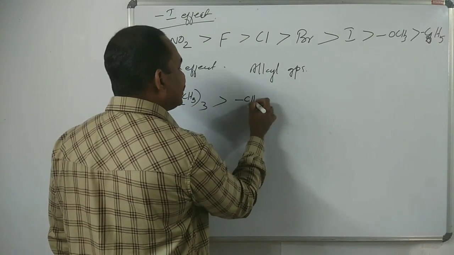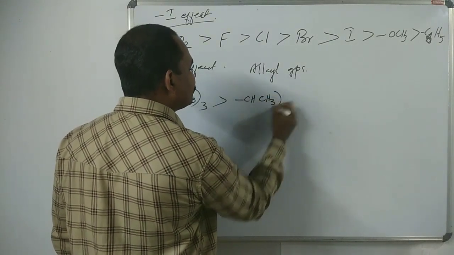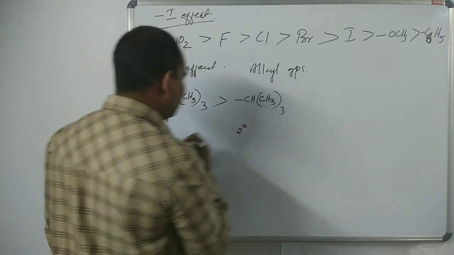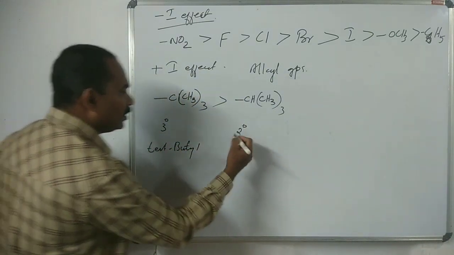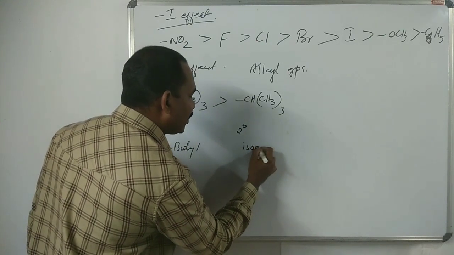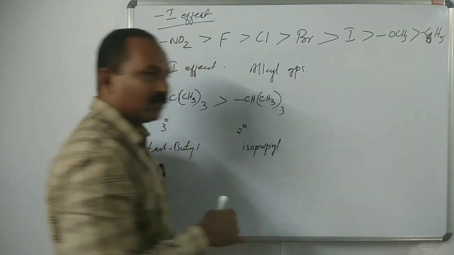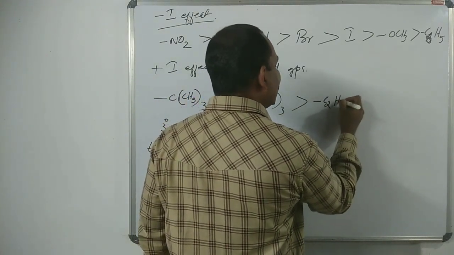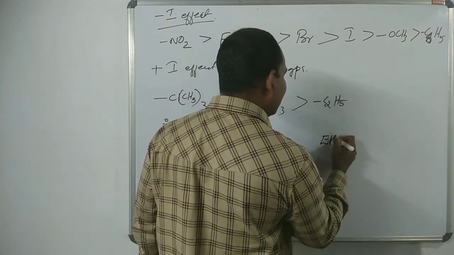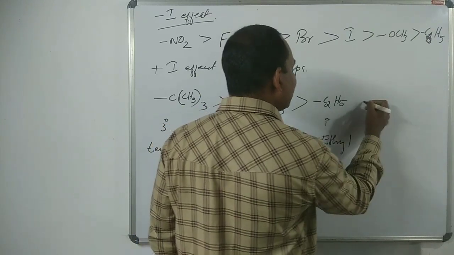Then a secondary carbon atom. This is tert-butyl. This is isopropyl. Next is C2H5, that is ethyl, a primary.